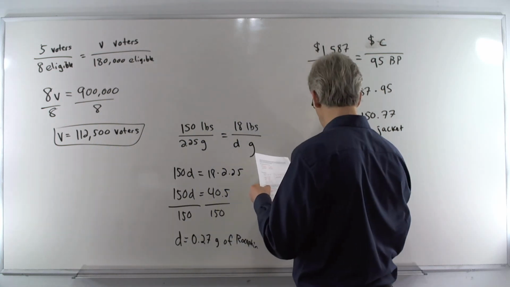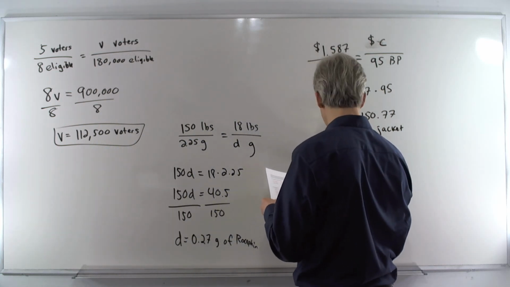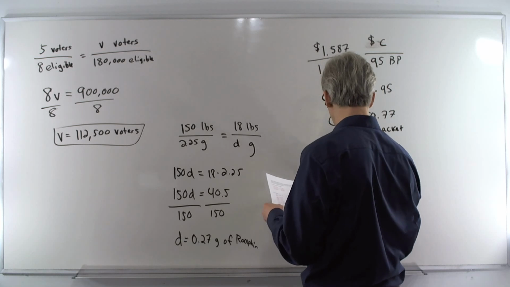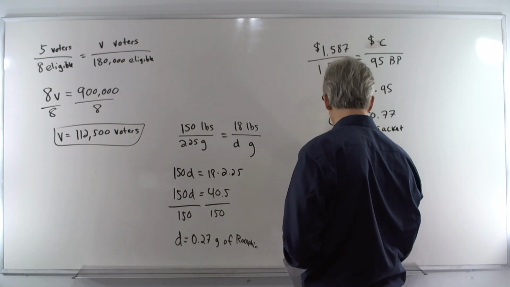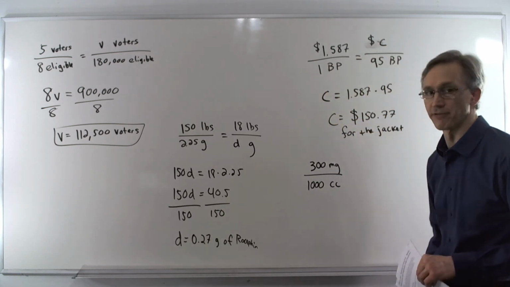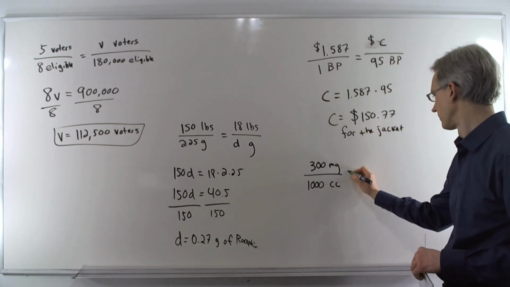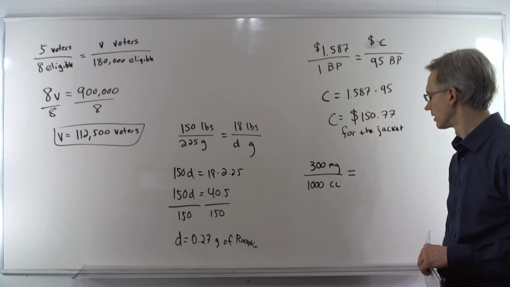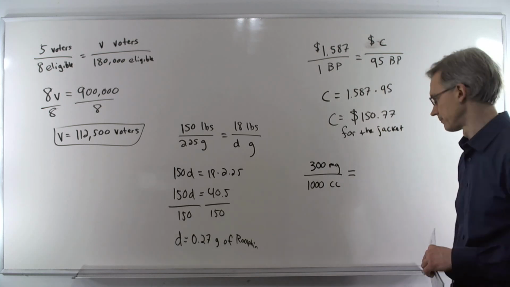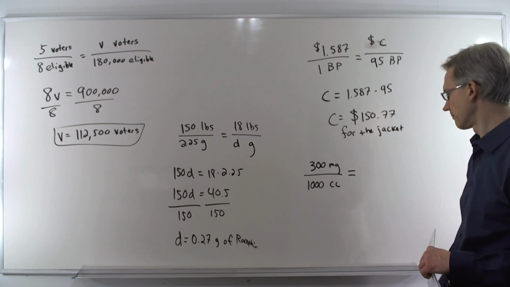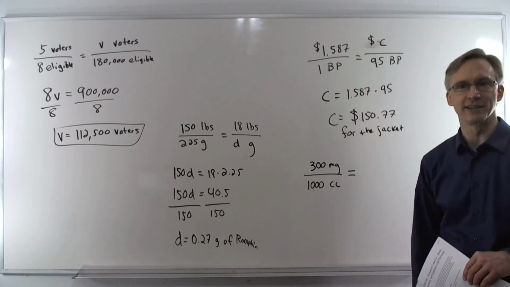So one bag has 300 milligrams of medication in 1,000 cc's of fluid. cc's are cubic centimeters or milliliters. It's the same thing. For some reason in medicine, they always call milliliters cc's.